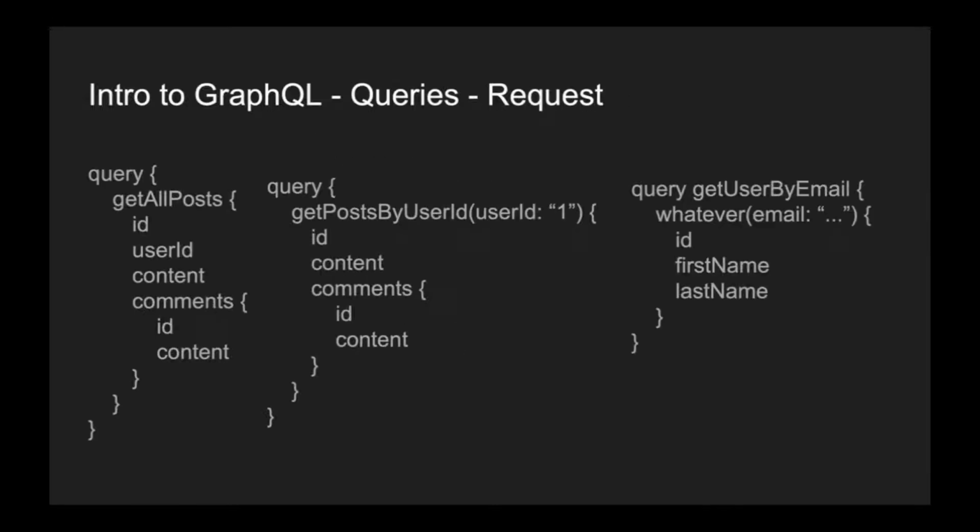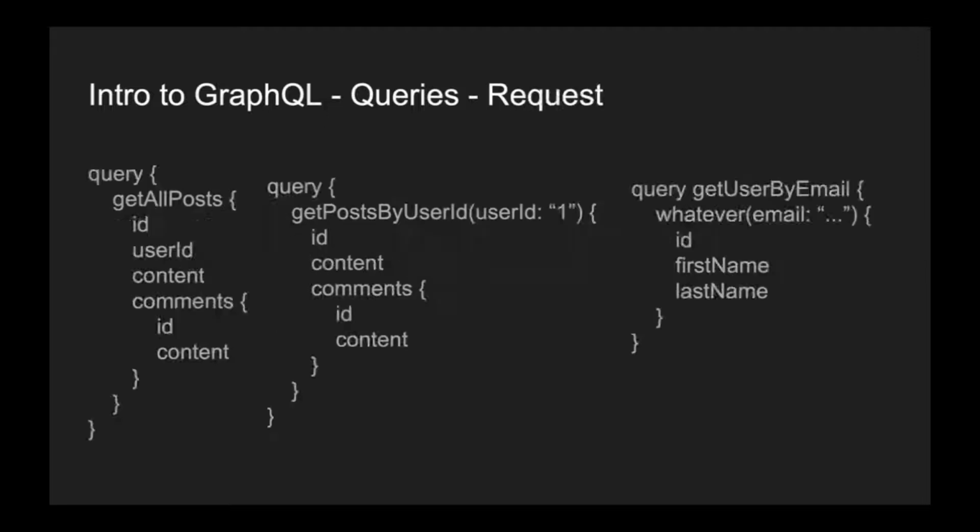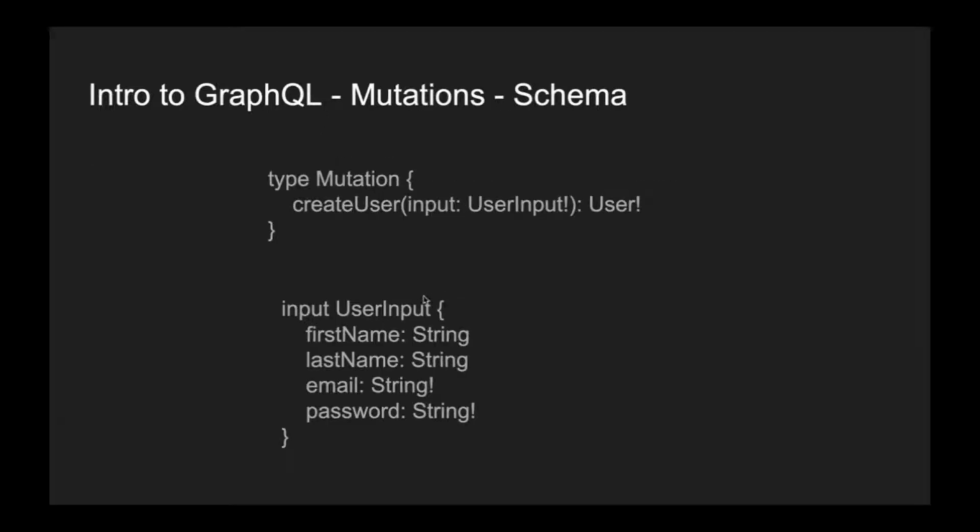If I go back a little bit, on these queries I used scalar types for inputs, and that's okay, but I can't use custom types for parameter types. I can't say that the input should be a user. I have to make a user input, which is explicitly an input, and that's the only way I can contain the intended input inside of an object, kind of like a class.